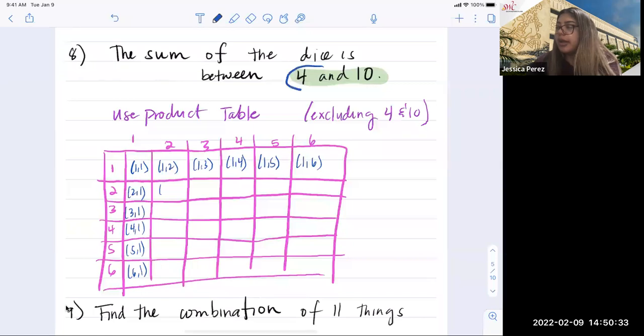So you want to find sums between 4 and 10. You are excluding 4 and you are excluding 10.